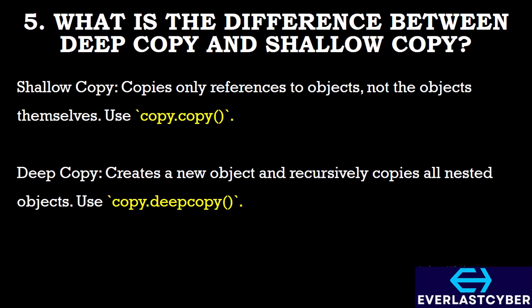So it uses the syntax copy.deepcopy() for deep copy, while the shallow copy uses copy.copy(). So that's the major difference. Shallow copy only takes the references to the objects but not the objects themselves, while deep copy creates a new object and recursively copies all the nested objects. So that's new objects.